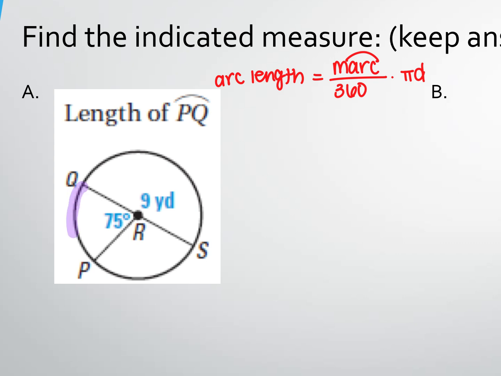My measure of the arc is 75. My diameter is 9, and I'm solving for the arc length. So I'm going to put x equals 75 over 360 times pi times 9, because they're giving me my central angle.